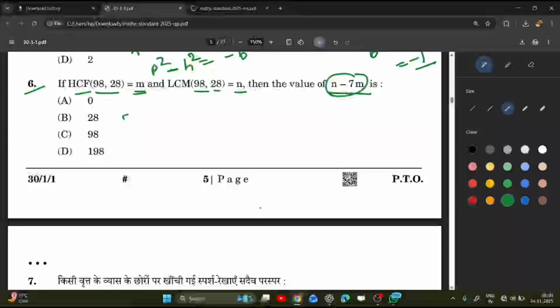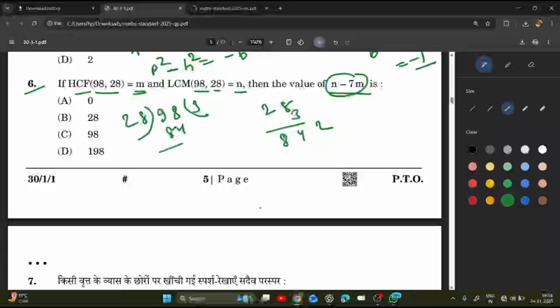Okay, so let's find. 28 times 3 is 84, remainder 14. 14 times 2 is 28. So the HCF is 14. So the value of m is 14.